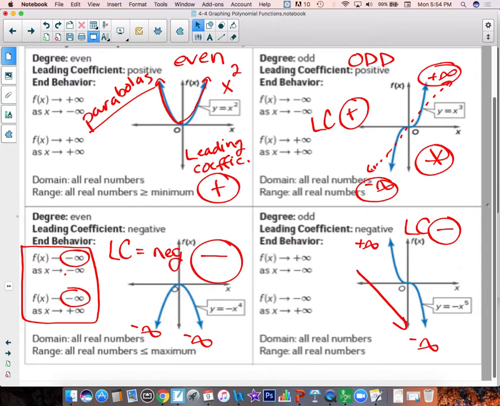If the number in front is negative and it's odd, then it will be like this one here. And that's the same with the squares or the even functions. So we're going to get to graphing one of these in a minute. This diagram is also in your book, and they explain it in your book as well.